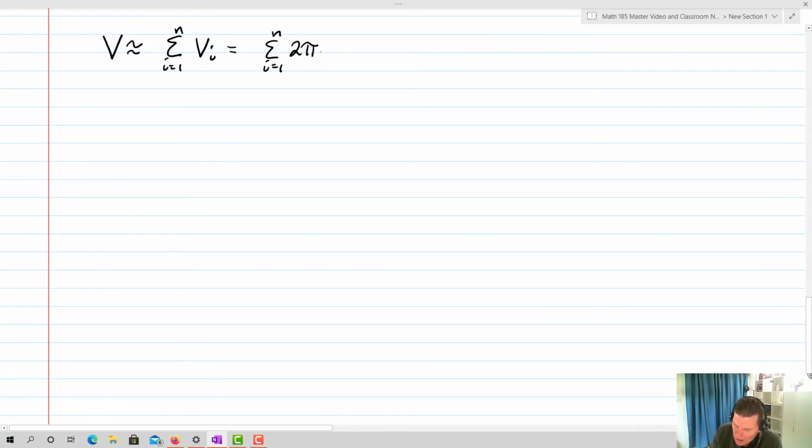So what we've got now is an approximation. The volume is approximately equal to the sum, i equals 1 up to n, of each one of our Vi's, each one of those little volumes that are the cylindrical shells. And that equals the sum, i equals 1 up to n, of 2 pi times xi star times f of xi star times delta x.